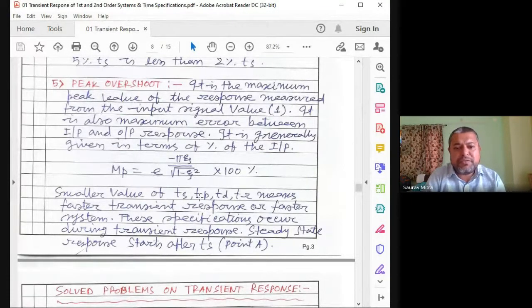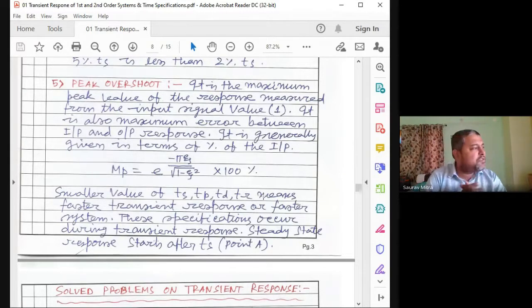A smaller value of ts, tp, td, tr, that is, a smaller delay time, rise time, settling time and peak time, means a faster transient response, or a faster system, or the system is getting stable faster. Initially, whenever the waveform is showing some undulation, that part is called the transient, and after the settling time, whatever response we get is called the steady state response.